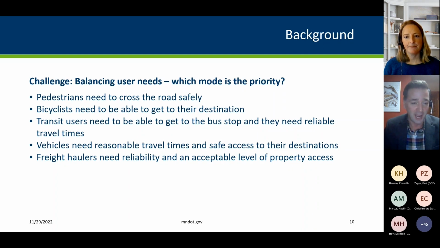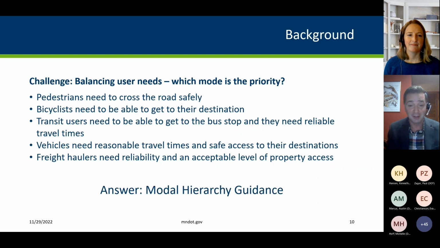At the same time, we know that context is important and we need to respect the values and plans and policies of our partners, our local partners, as we do this. And we've also heard from practitioners that it's hard to define and to be salespeople for making the case for complete streets and defining who gets priority, what's the most important thing. So the answer to that is, next click, please. Let's take a look at modal hierarchy and see if we can come up with some guidance.